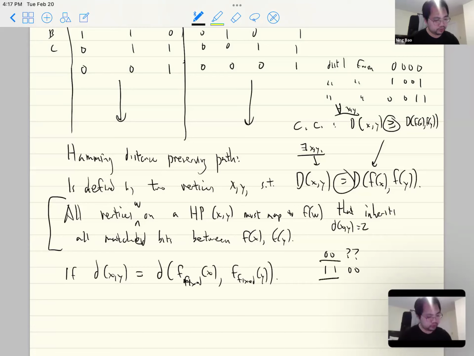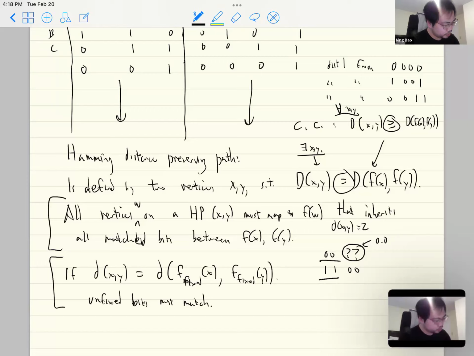So just in the bits that are fully fixed on the right-hand side, the distance is already equal to 2. So that means that we know that these two bits must be 0, 0. Because if they were anything else, they would increase the Hamming distance on the right-hand side. So if this is true, then unfixed bits must match. This is the second condition.